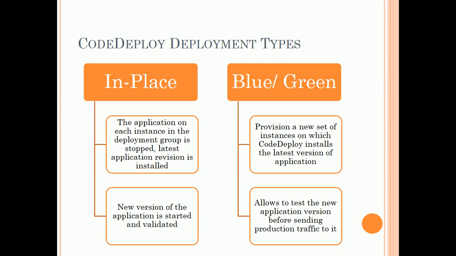The instances in a deployment group, or we can say the original environment, are replaced by a different set of instances that is called the replacement environment. So it allows us to test the new application version before sending production traffic to it. So an application can be installed and tested on the new instances ahead of time and deployed to production simply by switching traffic to the new instances.